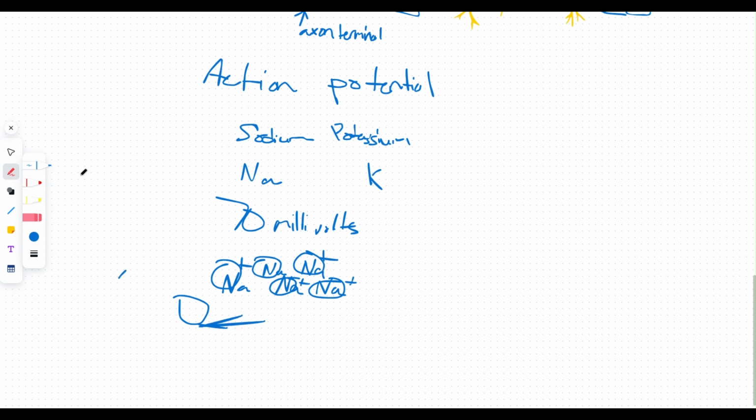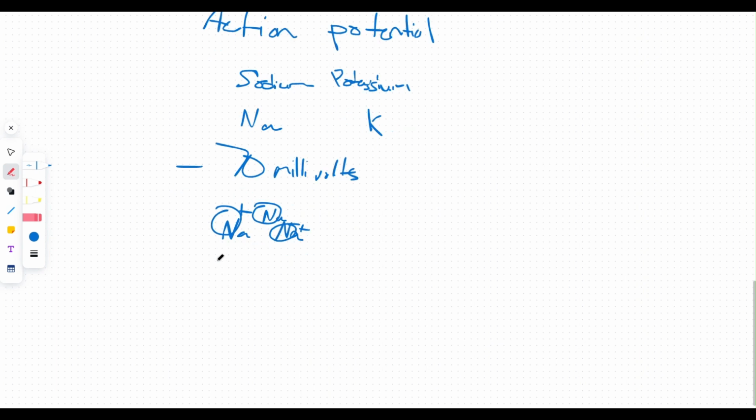Alright, so as I was saying, this is due to action potential. At rest, a neuron will pump out 3 sodium ions and take in 2 potassium ions. At rest, it is negative 70 millivolts inside the axon.